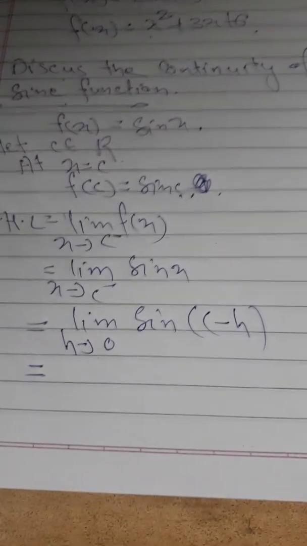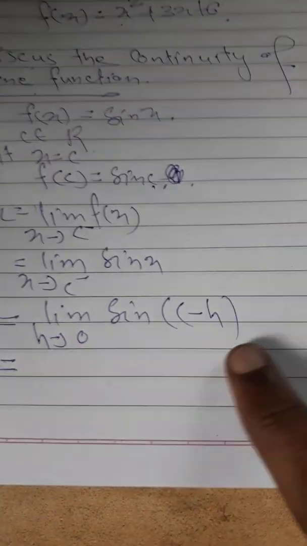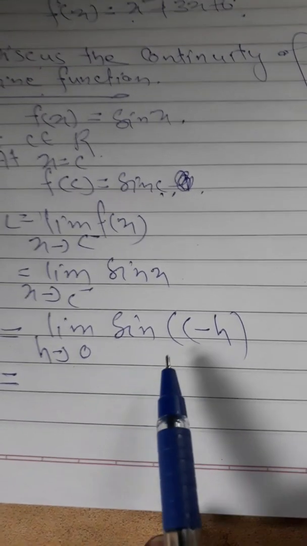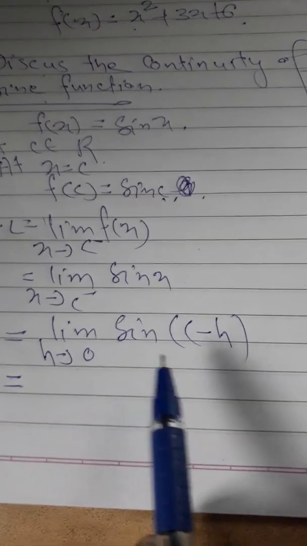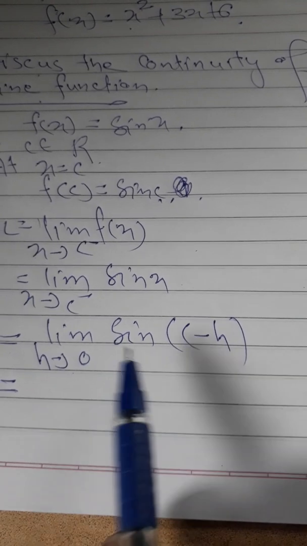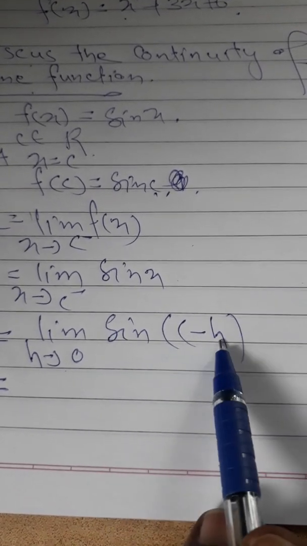Here many students directly substitute h equals 0, which is wrong. Here it is a trigonometric function, so you have to apply the sine of a minus b formula.